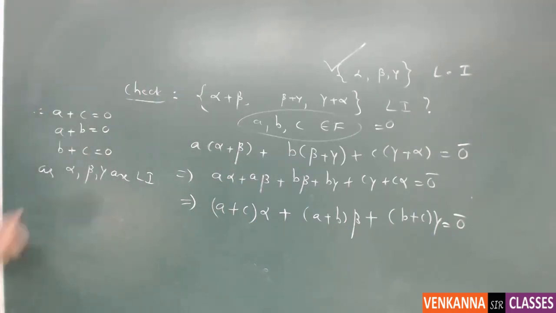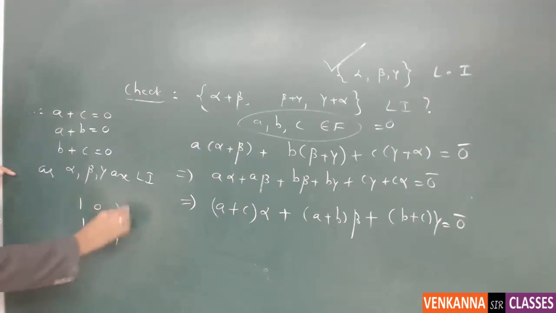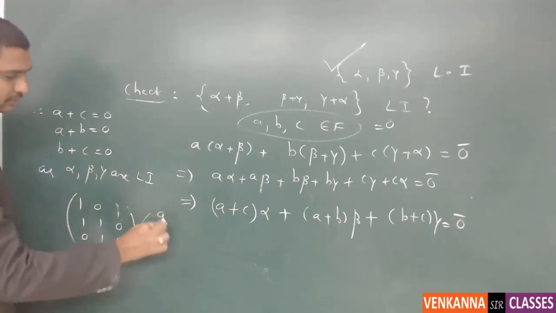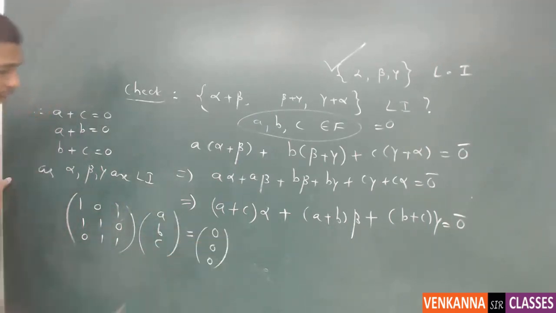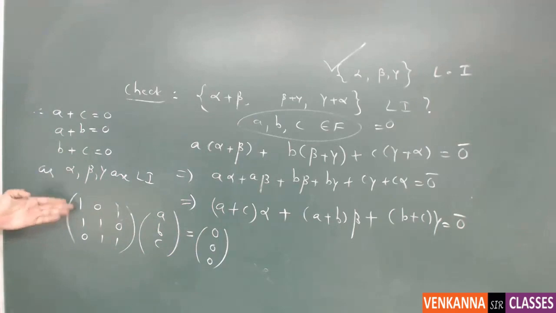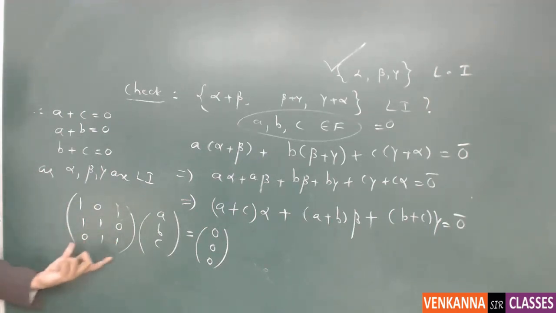Right? Now, how to solve this? Let us write this system in the form of a matrix: 1, 0, 1; 1, 1, 0; 0, 1, 1 times A, B, C. You can apply R2 goes to R2 minus R1, R3 goes to R3 minus R2, and so on. You can convert it into echelon form; you cannot get a 0 row in the last place.